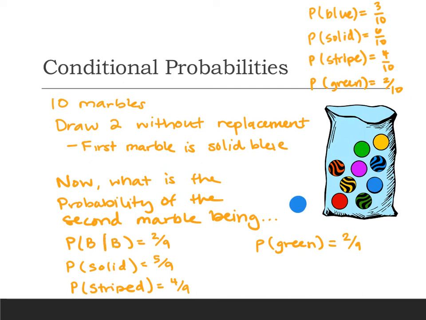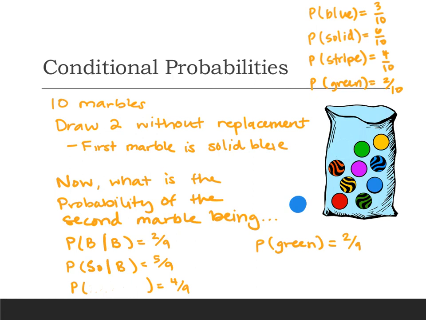I've got 2 S words, so we'll say SO and ST. What's the probability of me getting a solid given it was a blue?